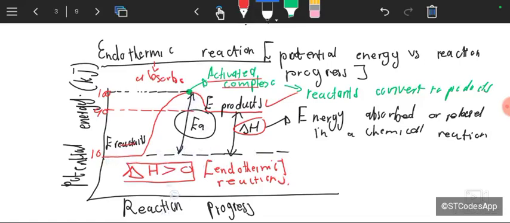It's not from 0 to the activated complex. That is the minimum energy you needed to convert to product, because in the activated complex, reactants can convert to products.